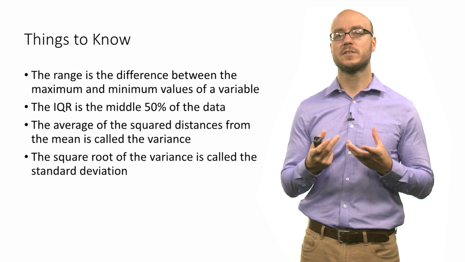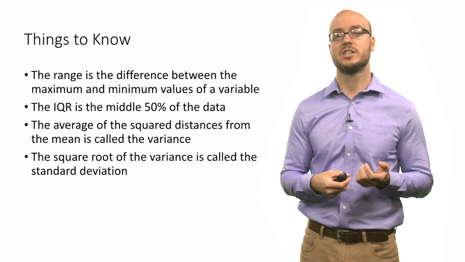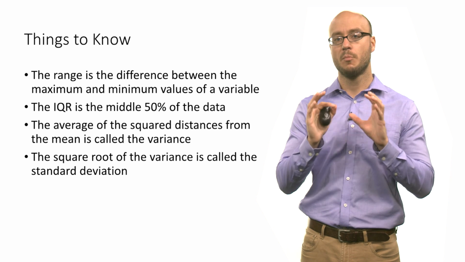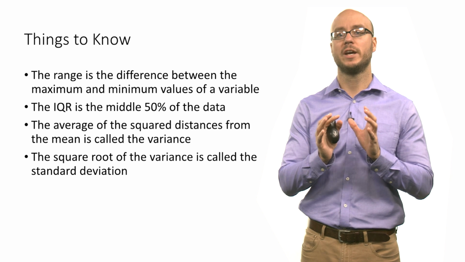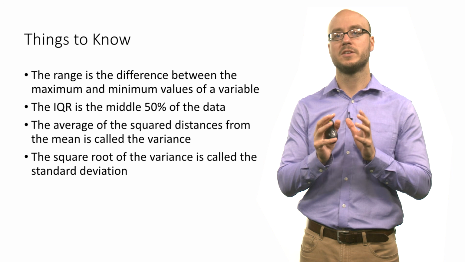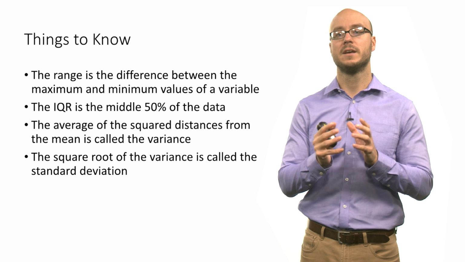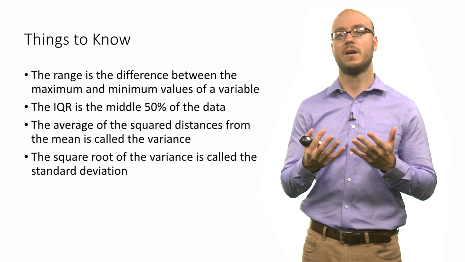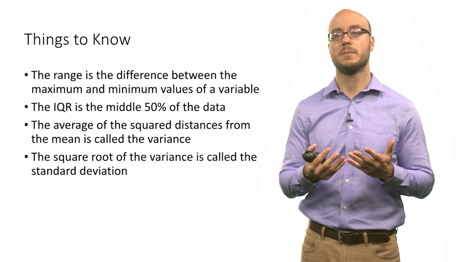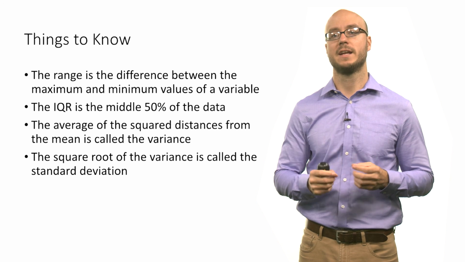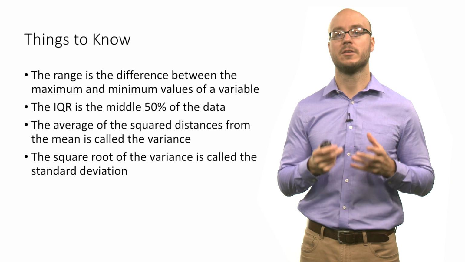The formulas differ slightly for the sample standard deviation and the population standard deviation, but conceptually, you're taking the sum of the squared distances from the mean, dividing by the total number of observations or degrees of freedom for a sample, and taking the square root of that, and that will give you the standard deviation.